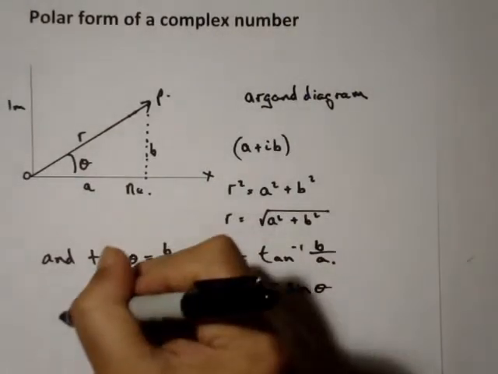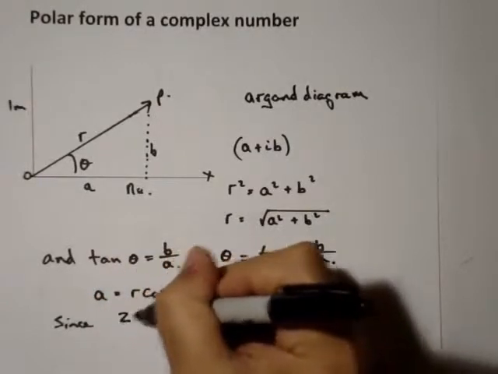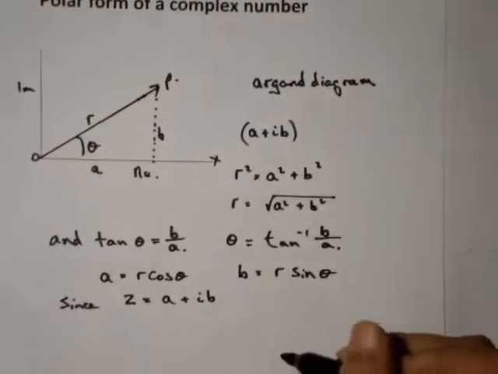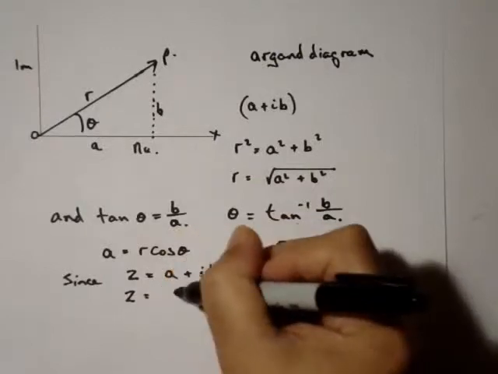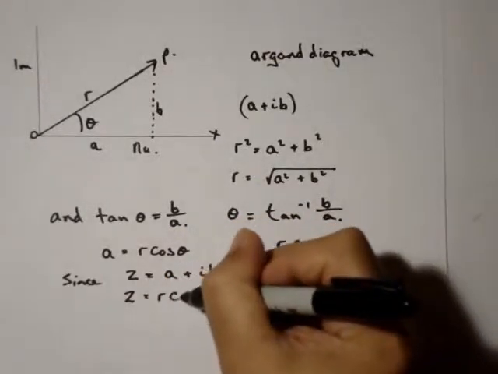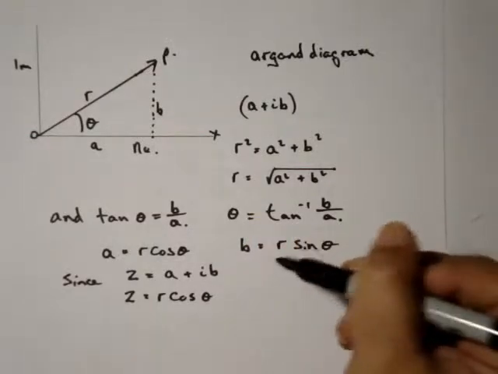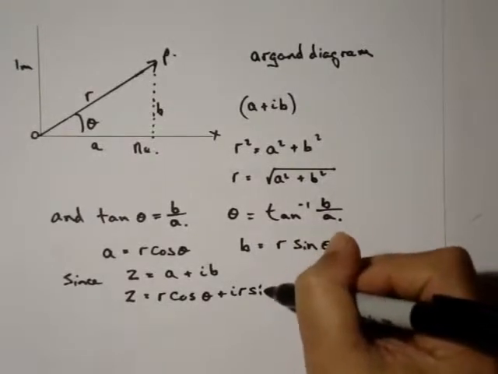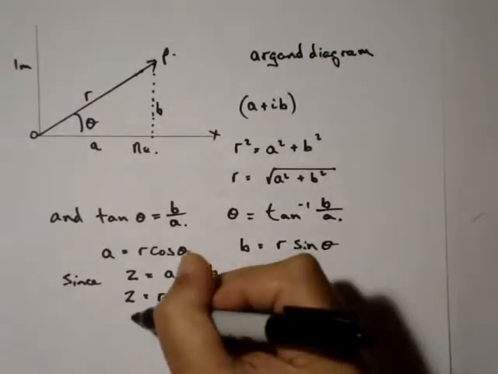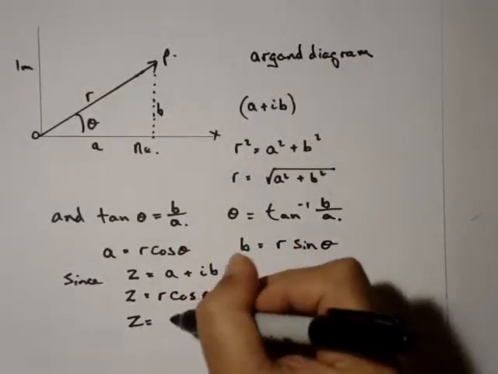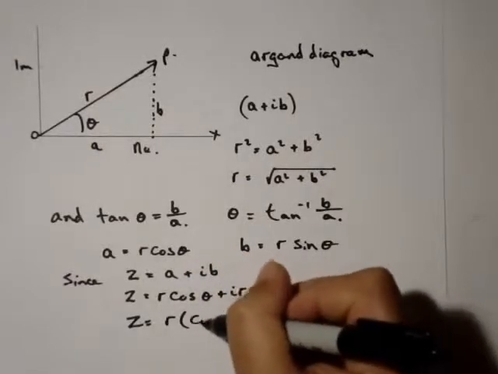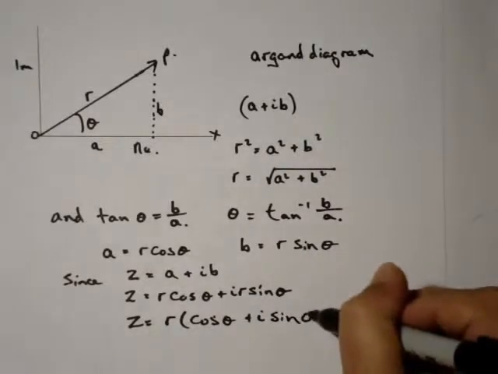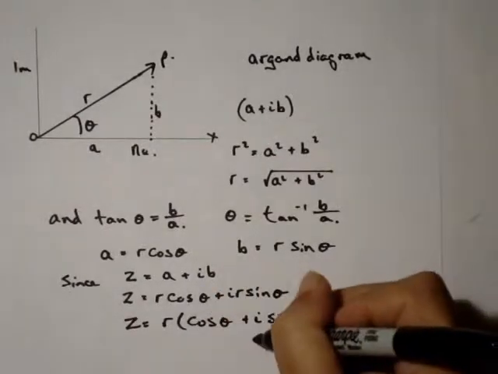So since z equals a plus ib, we can write z as r cos theta plus I r sine theta, and then this becomes, when we factor out the r, r cos theta plus I sine theta. This is called the polar form.